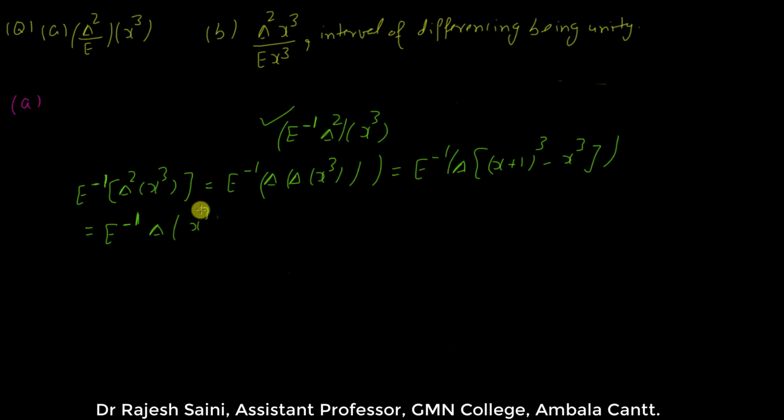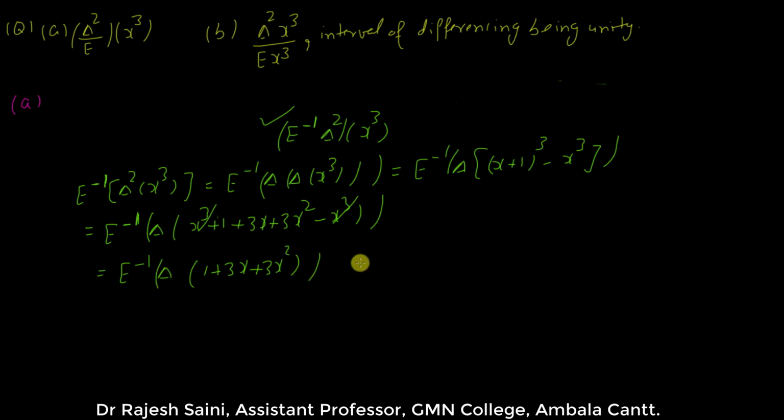Opening this x plus 1 cube minus x cube, this x cube will cancel out. Fine. E inverse delta, it will be 1 plus 3x plus 3x square, done, is equal to E inverse.